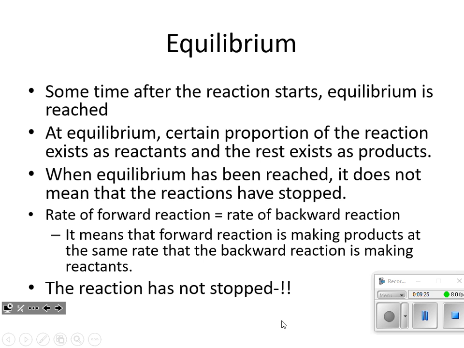Now, we don't have a lab in this portion of the unit, because a lot of equilibrium reactions are in the gaseous state. Because gases are constantly bouncing around, it's easy for them to bounce around and recreate something else. And we can't do that in our laboratory. So what we are going to do today, when we're done with this slide, is I'm going to show you a video that I have the link for on Schoology.